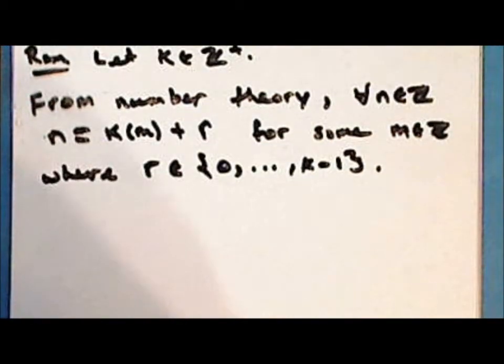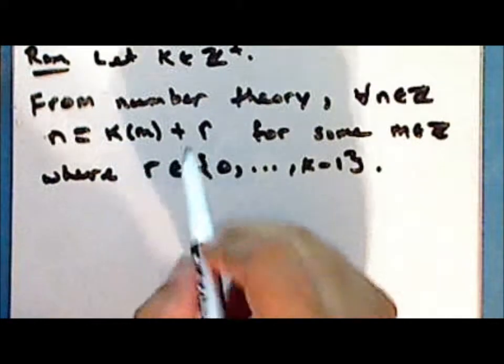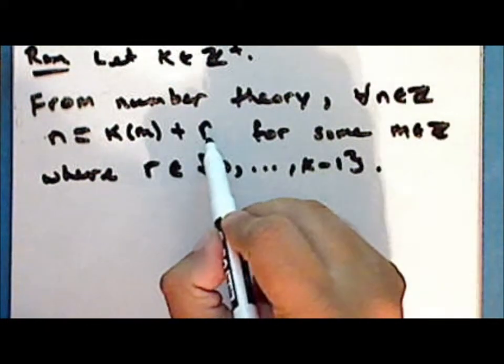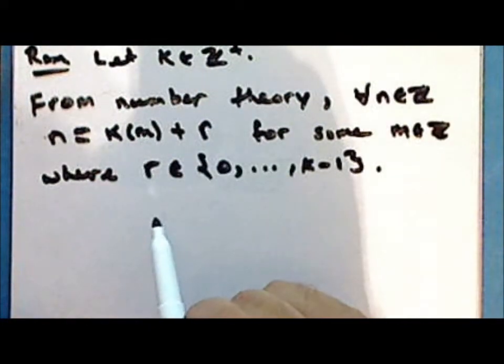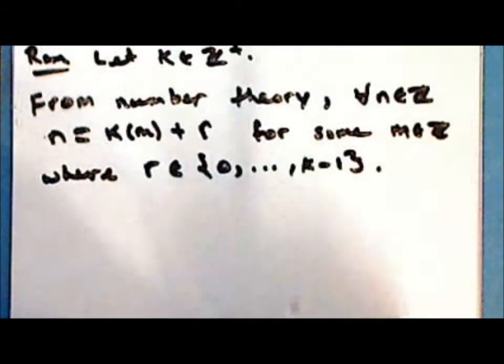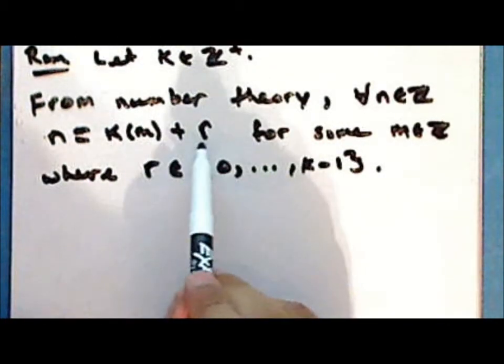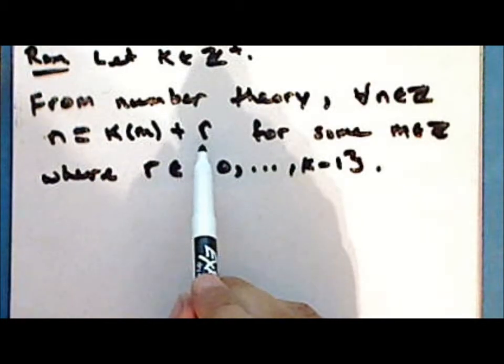Now this is essentially a restatement of the Euclidean algorithm, and you may be familiar with it and may think of the number r as a remainder, and for positive integers this coincides, but we will call it a residue.